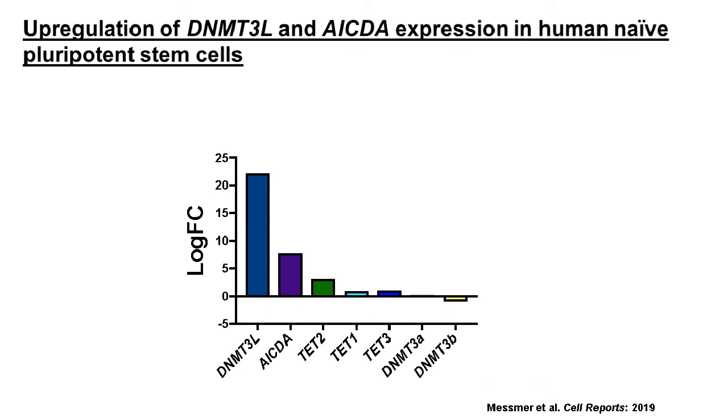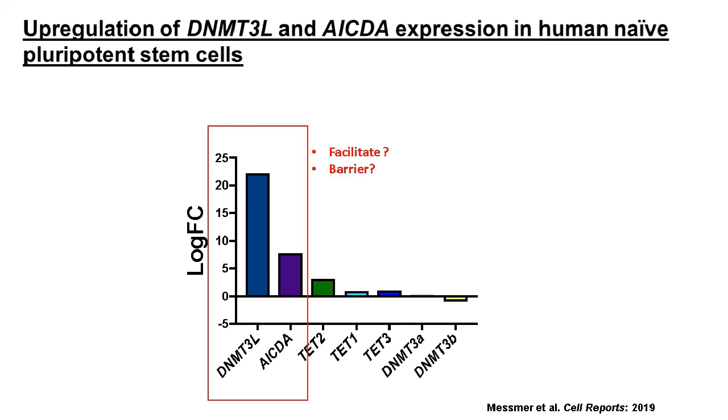It has been reported previously that when prime cells are reverted to naive, there is upregulation of some of the genes involved in the regulation of DNA demethylation, for example, DNMT3L and AID. I am interested in understanding the function of both of these genes in the establishment of naive pluripotency, and in understanding if they act as a barrier or facilitator for the establishment of human naive pluripotency.